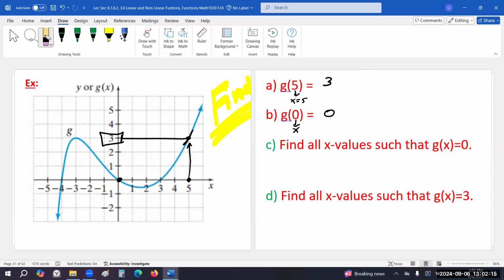Okay, how about the next one? So what is this number, x value or y value? So y is 0. So whenever the y value is given, draw a line. So how many x's do you see? Three x values, I got -4, 0, and 3.